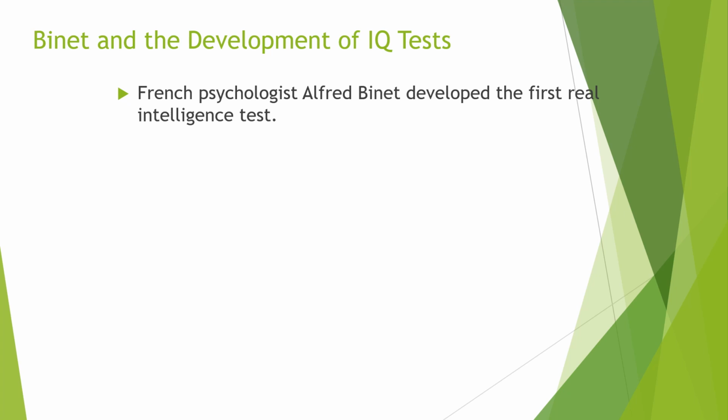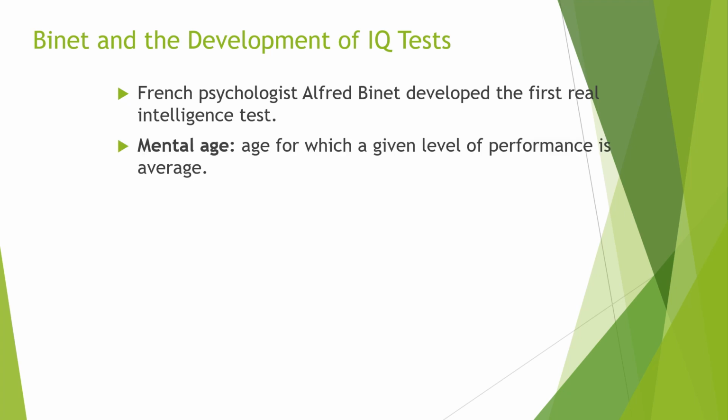And he said that your intelligence takes into account both your mental age and your intelligence quotient, or your IQ. Your mental age is the age for which a given level of performance is average. You also have to look at your chronological age, which is how many years old you are.